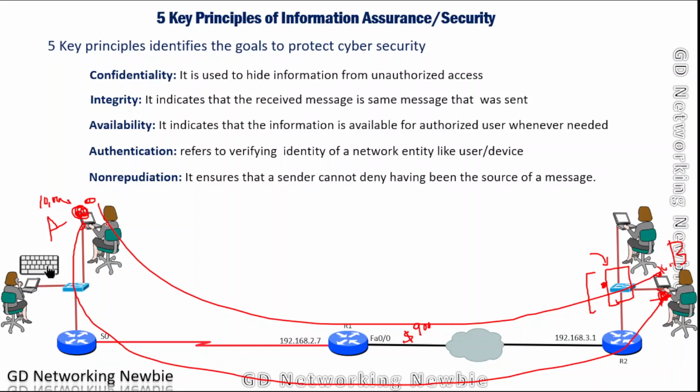In that case also we need some mechanism to verify the sender, and the sender should not be able to deny that that particular message was sent by this user. So that is non-repudiation, and that was the last key principle. These are the goals of any cybersecurity professional or organization, which we want to achieve to protect our infrastructure and our information.